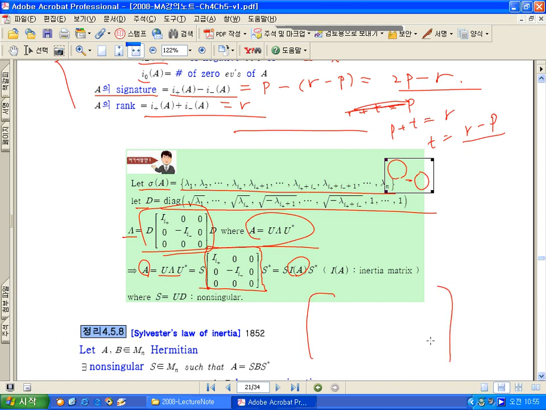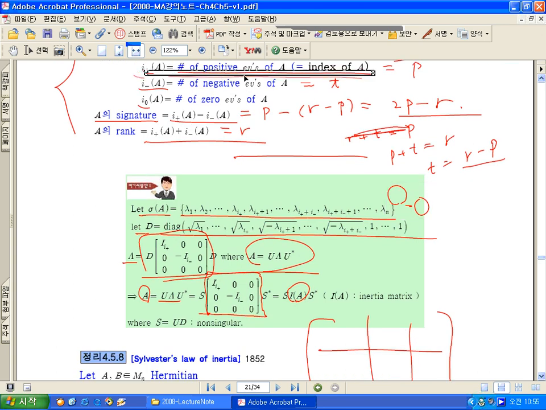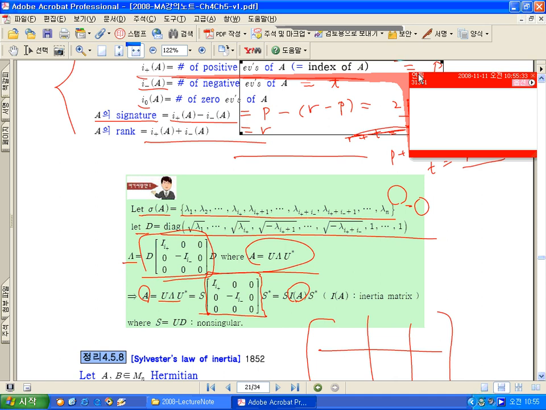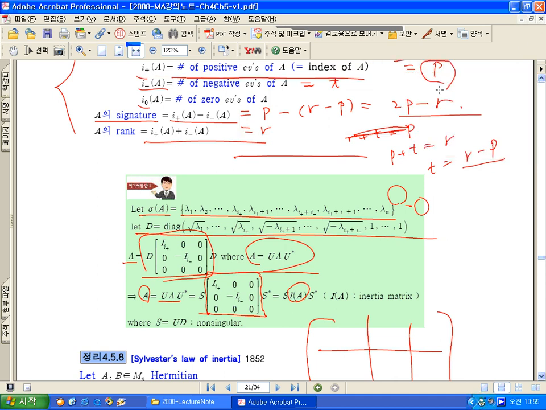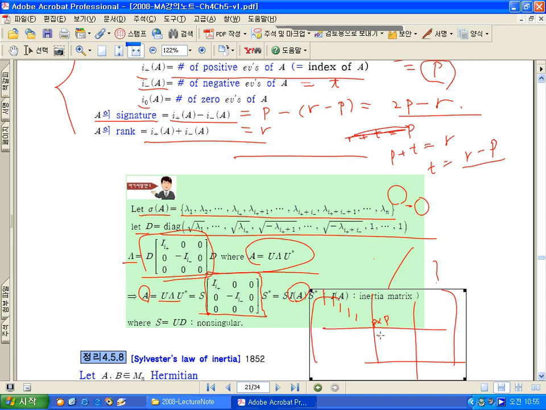What this means is, we know the number of positive eigenvalues there, isn't it? Then how many of that? We have P. So here we have 1, 1, 1, which is P by P. And here we have minus 1, minus 1.